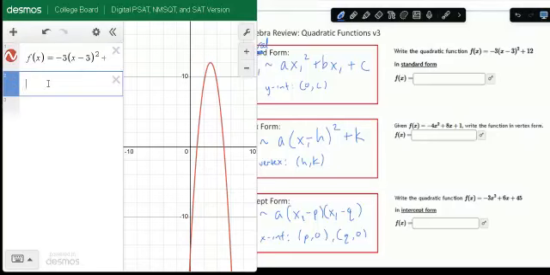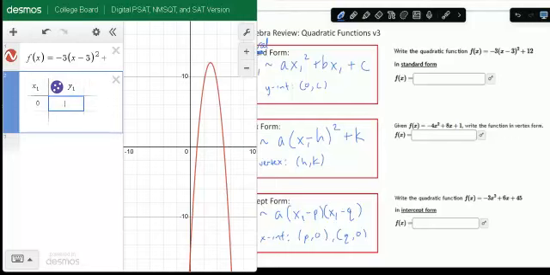Now, to convert this into the other two forms, the form that I want here is going to be that general form, the expanded form. What you need to do is create a table of values for this equation. So I'm going to use this plus symbol and add a table. I need to pick 3 points to create this function.